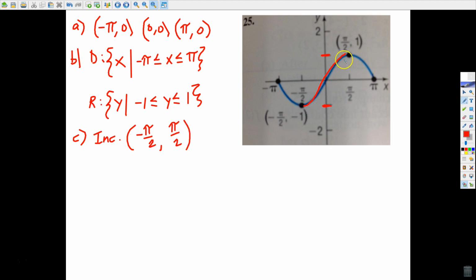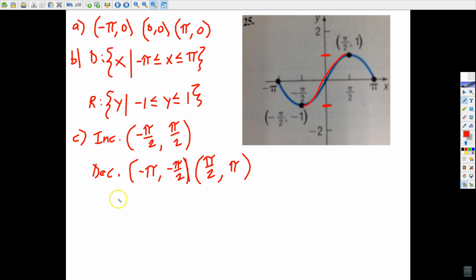That represents increasing, and it's decreasing at these other two areas, these two intervals, from negative pi to negative pi over 2. That's one interval where the function is decreasing. And then also here from positive pi over 2 to pi.